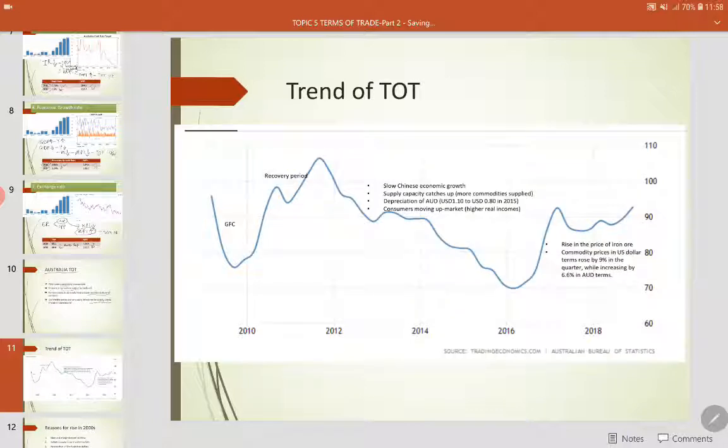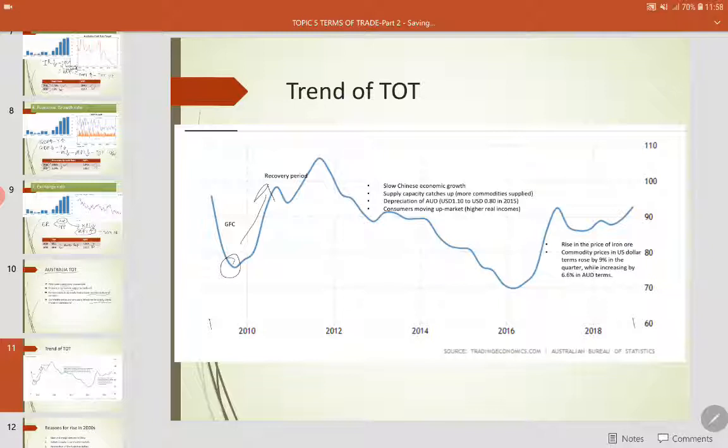So natural disasters, we say it as negative supply shocks here. Looking at trends for TOT, we can start from 2008, 2009, up to the recent years. What we can observe here is, of course, during the GFC 2008, 2009, the terms of trade is lower, and then we can see a recovery period.